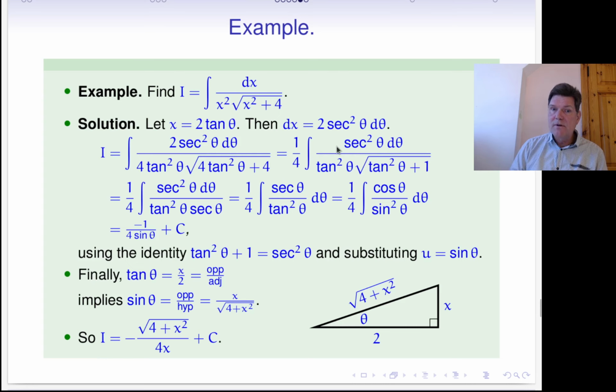At the end of the day, lots of things cancel out. We're left with an integral that we can actually solve, as opposed to the starting point where simple substitution wouldn't get us anywhere.